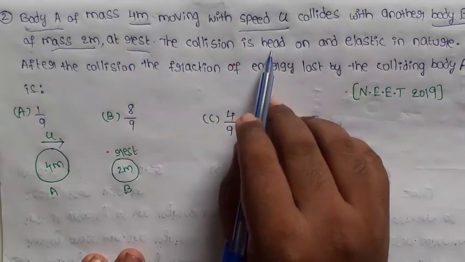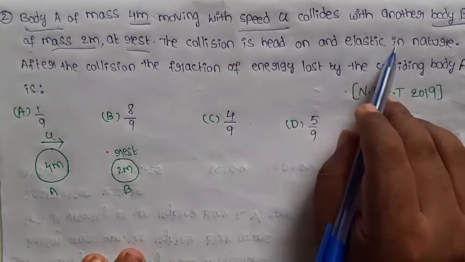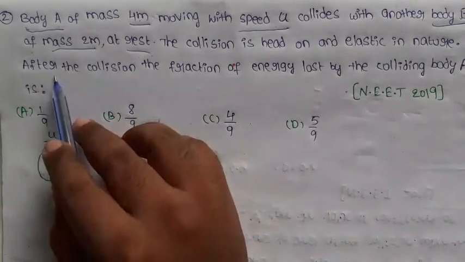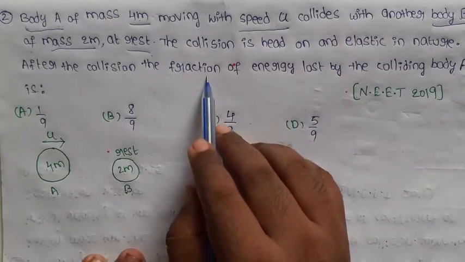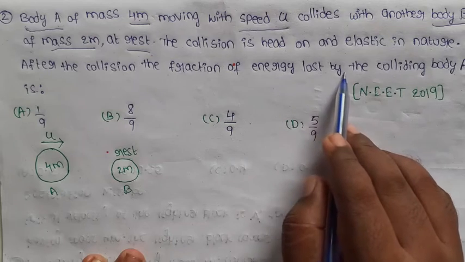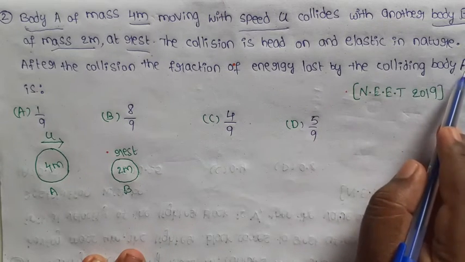The collision is head on and elastic in nature. After the collision, what is the fraction of energy lost by the colliding body A?